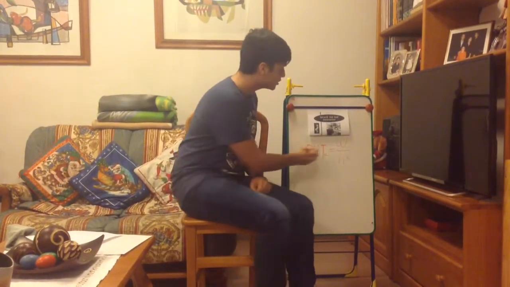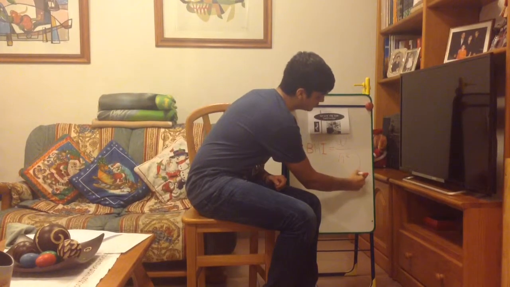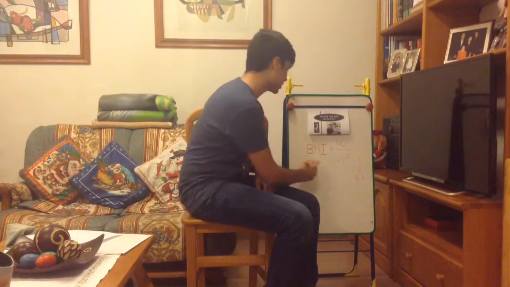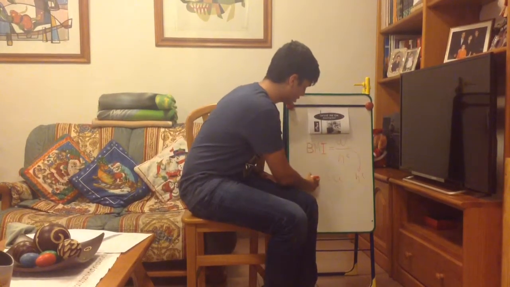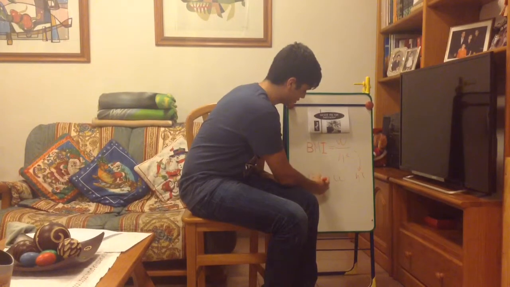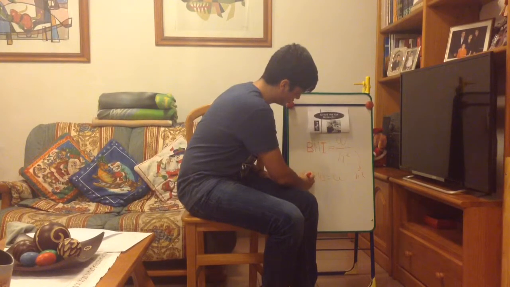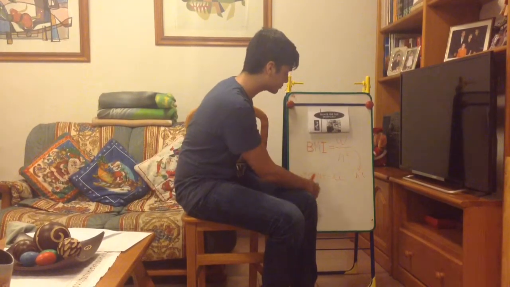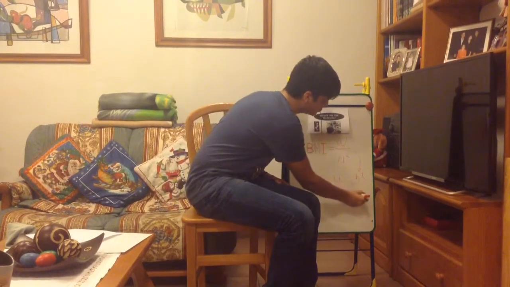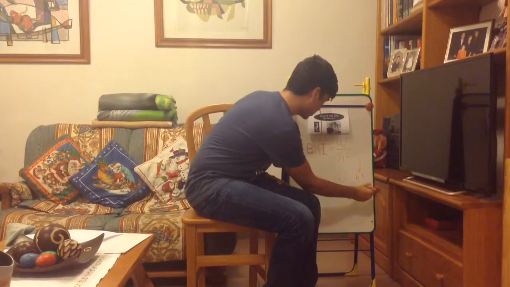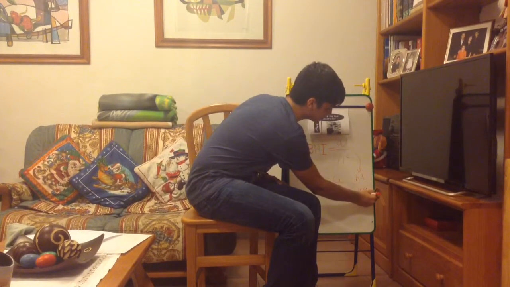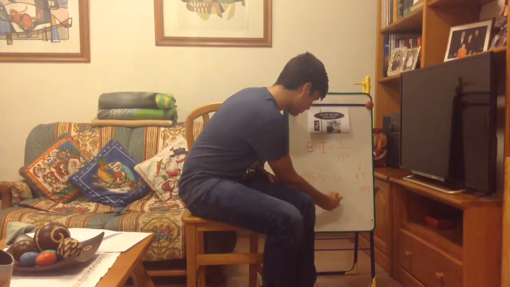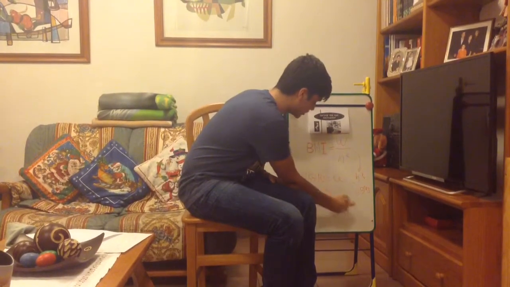First, we have to multiply both sides by h squared. So we obtain this. And then we have to divide by the body mass index to isolate h squared.